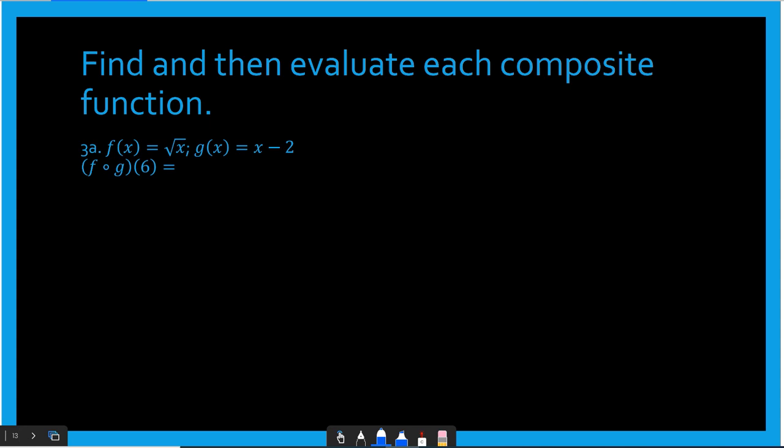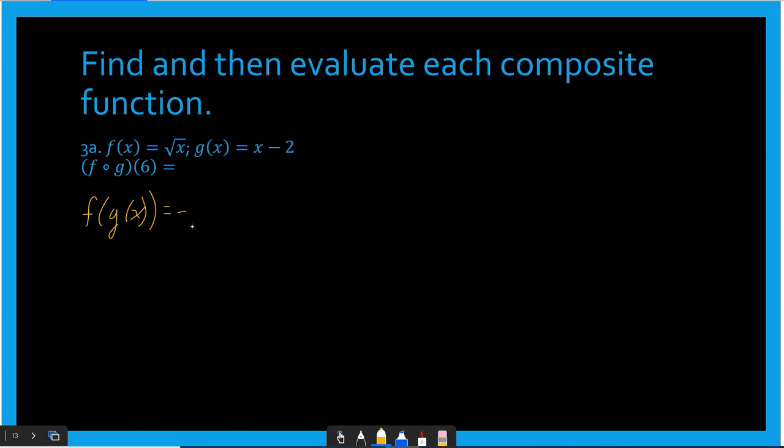Alright, so now we can also use the same thing where we are not only composing functions, but also using substitution with them. So let's go ahead and do this for example 3a. Alright, so f of x is square root of x, g of x is x minus 2. So that means I'm going to substitute f of g of x.